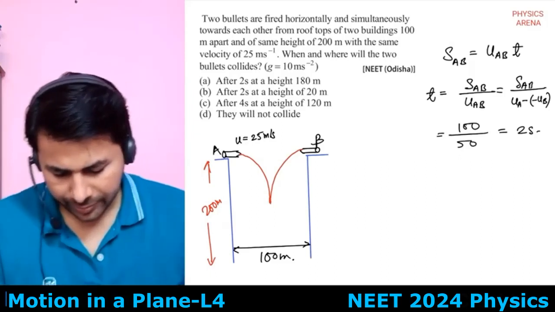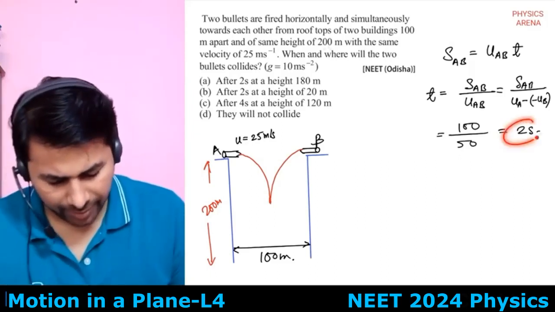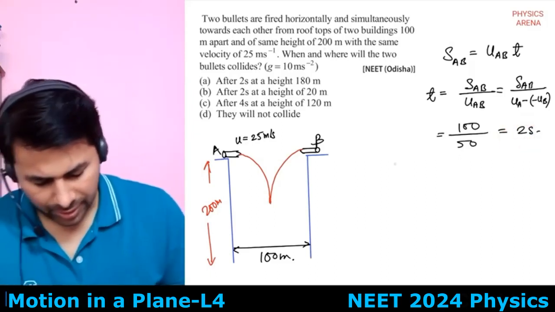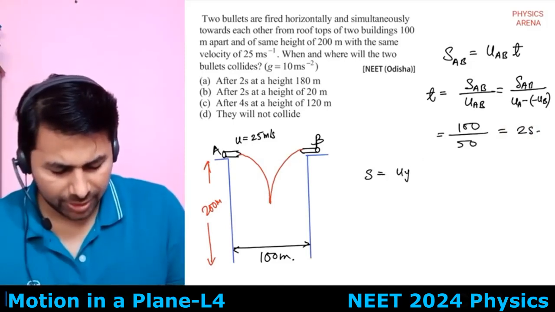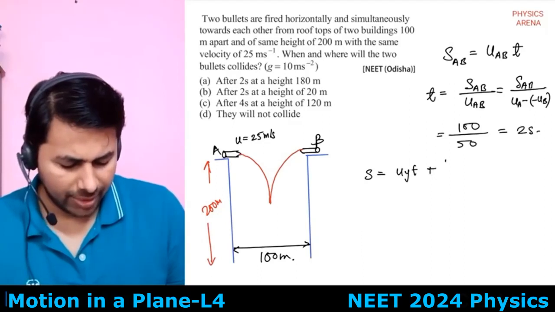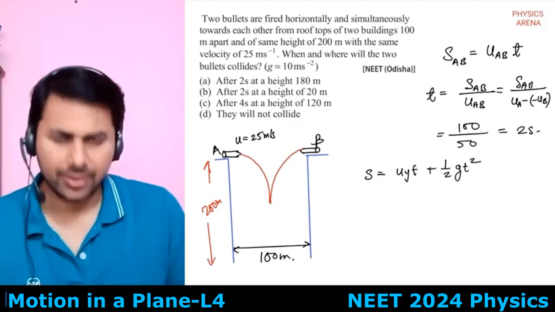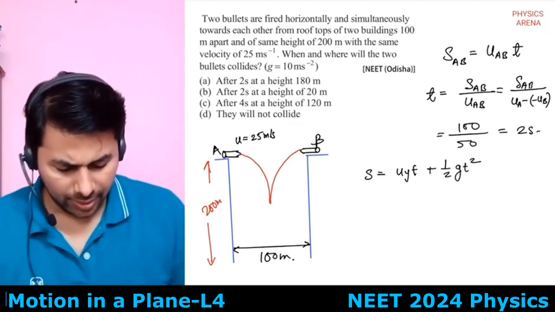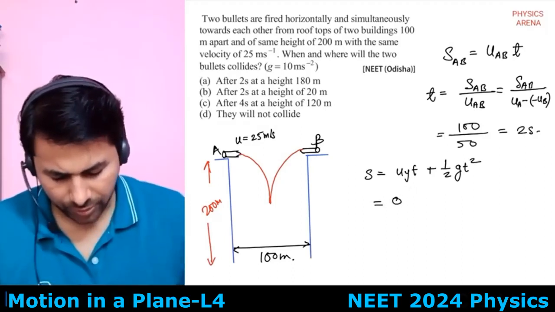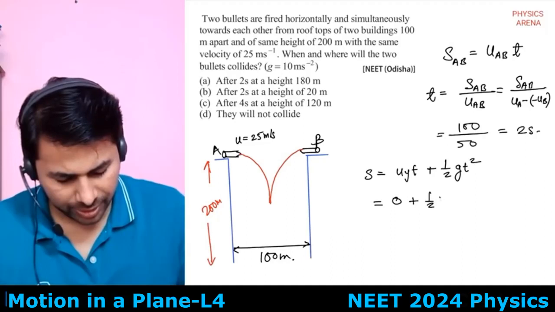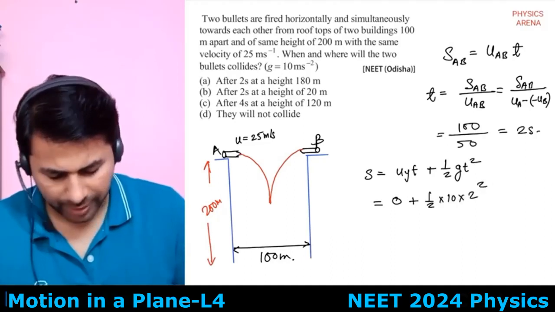So time is given. How much is s? S will be equal to uy times t plus half of g t square. So that is uy times t, where uy is 0, plus half of g, which is 10, multiplied by 2 square.